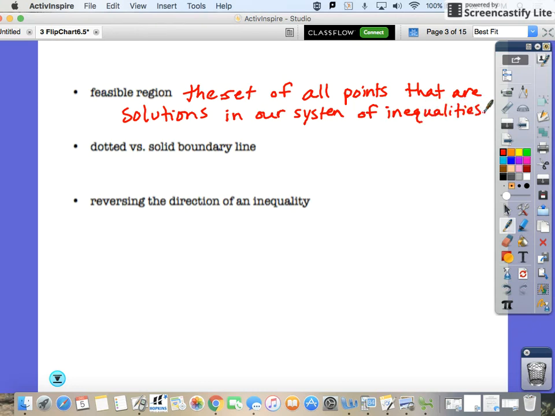Remember, a system means two or more, so we'll have two or more inequalities, and the feasible region is a space that holds those solutions.